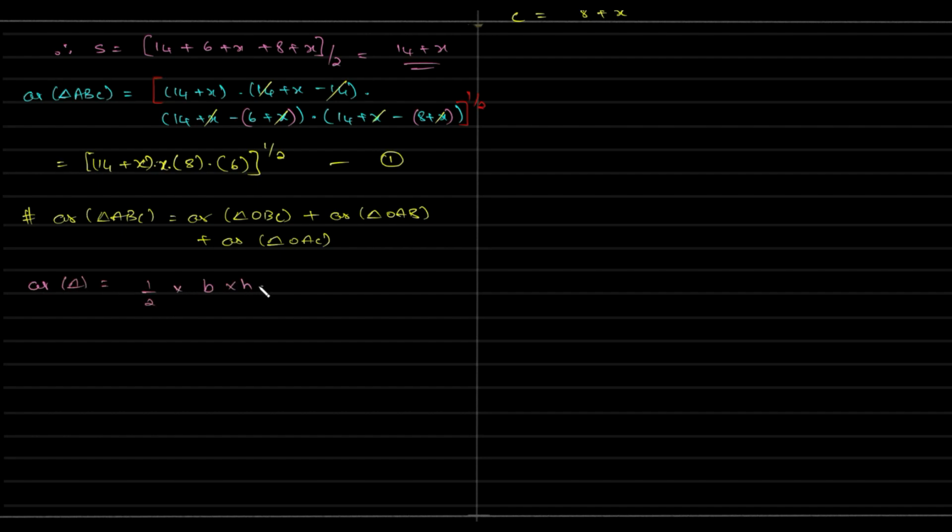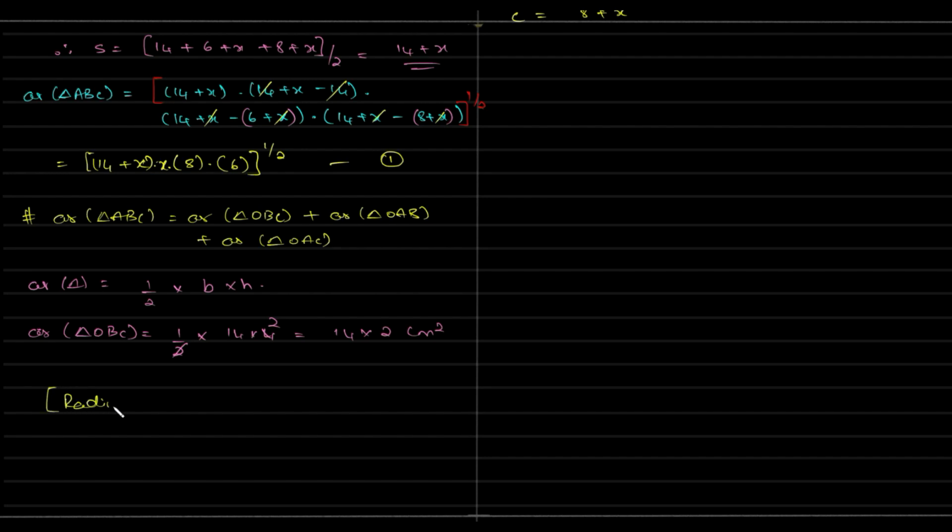So in each of this, the height is the radius. Okay, we can make a note of that, or you can just tell it over here. Area of triangle OBC is equal to half into base is 14 into height is 4. Reason being 14 into 2 centimeter square, right? Okay, I'm not multiplying. I'll show you why later.